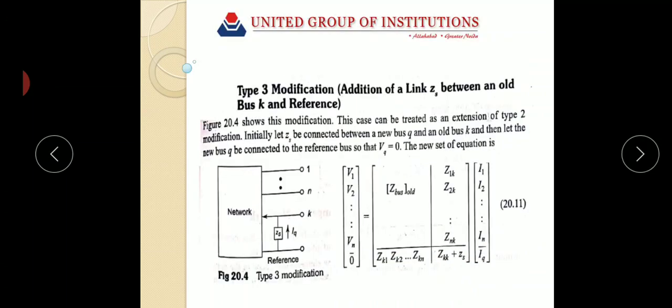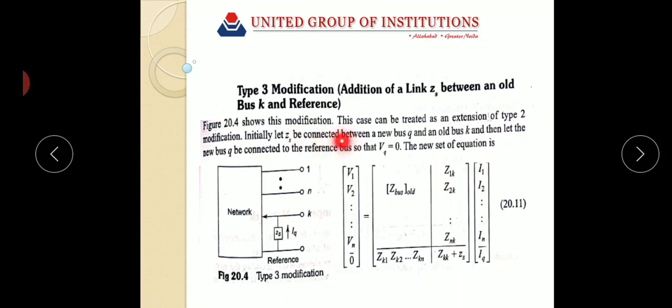Now come to the type 3 modification, addition of a link Zs between an old bus k and the reference. Figure 20.4 shows this modification. This case can be treated as an extension of the type 2 modification in the previous slide.